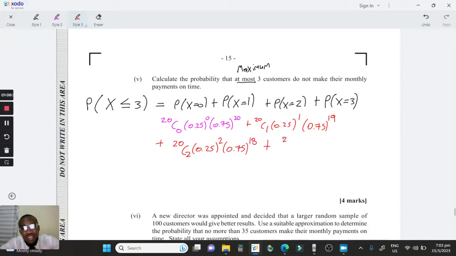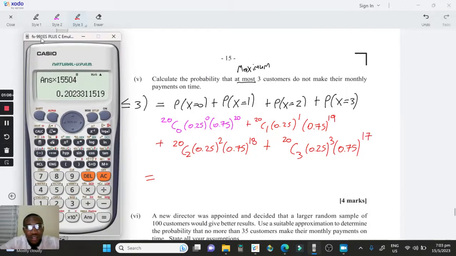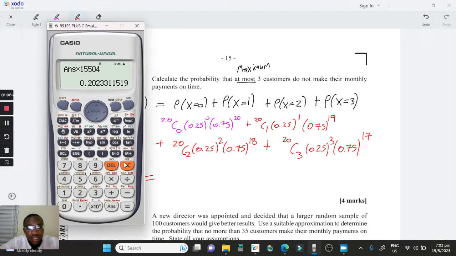Plus the last one is 20 choose 3, 0.25 cubed times 0.75 to the 17. Then you put all of that in your calculator. It's 4 marks. So putting it all in the calculator once, we have 20 choose 0 multiplied by 0.25 raised to the 0 times 0.75 raised to the 20.